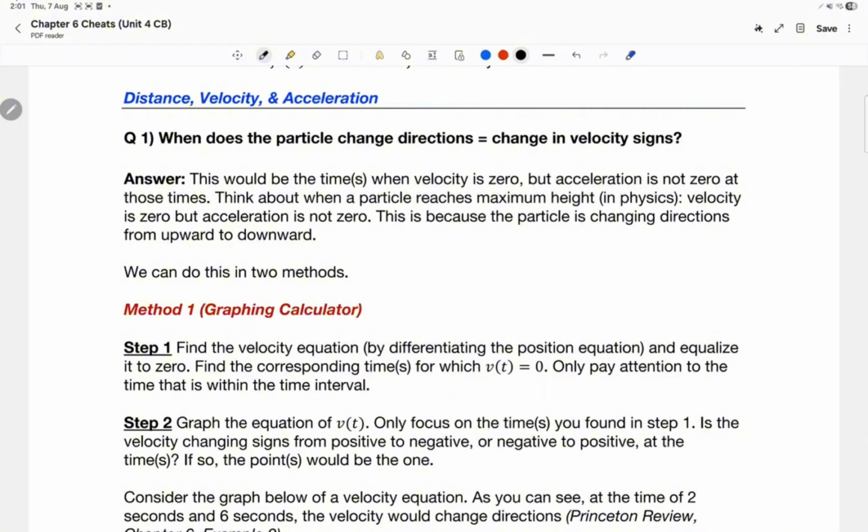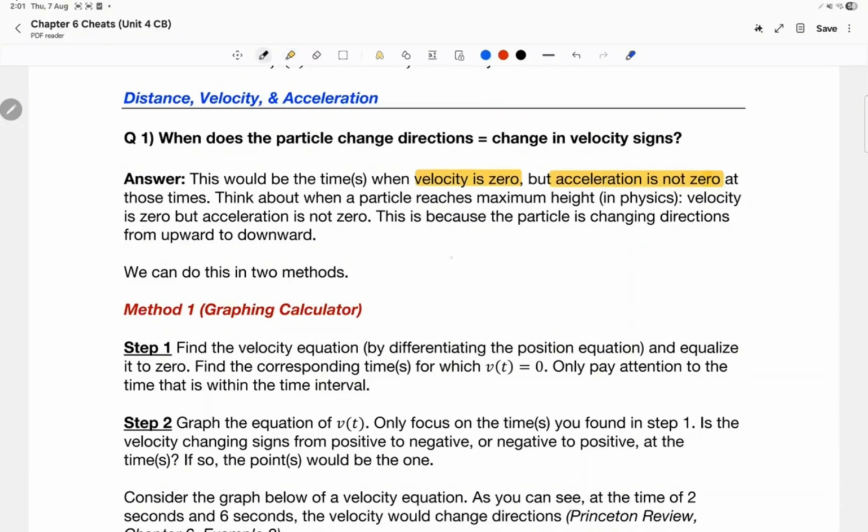Whenever the object changes its direction, the velocity of the object becomes zero. Velocity is zero, but the acceleration is not zero. Okay? You make your velocity equal to zero.